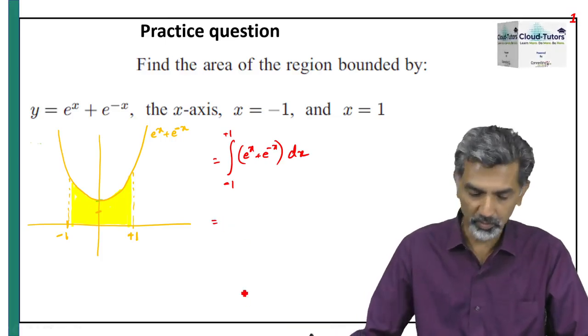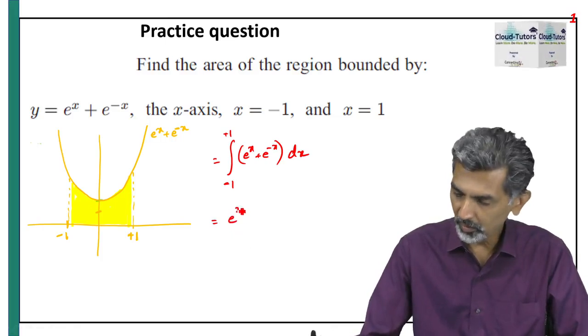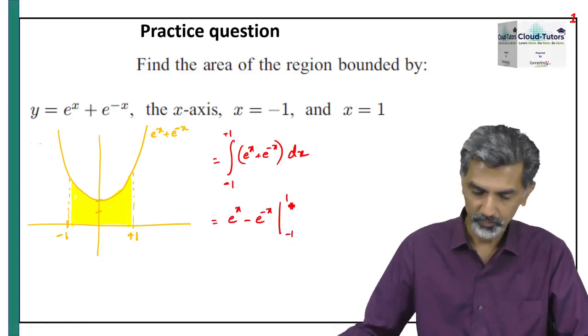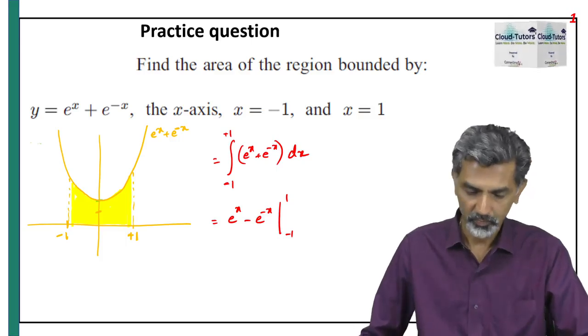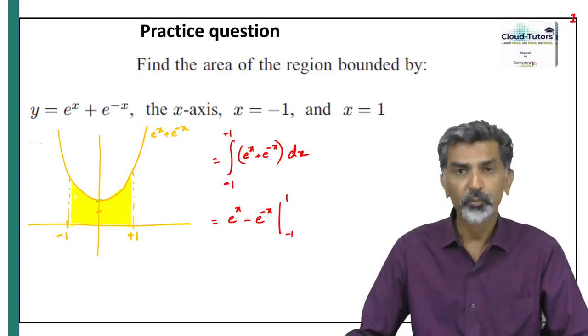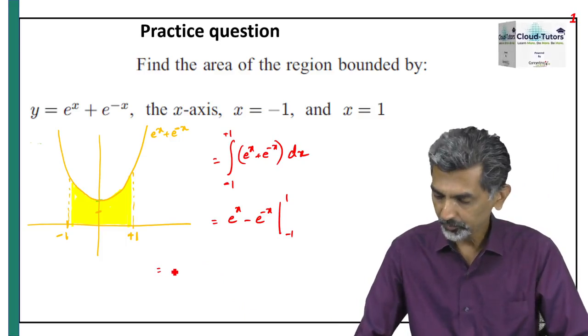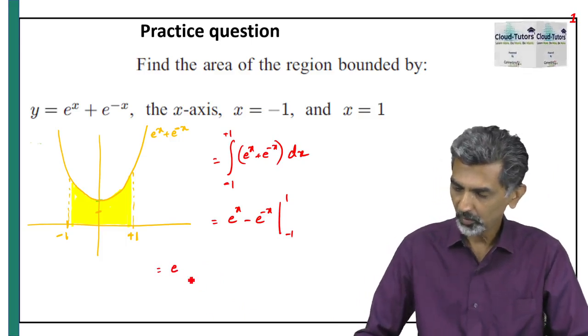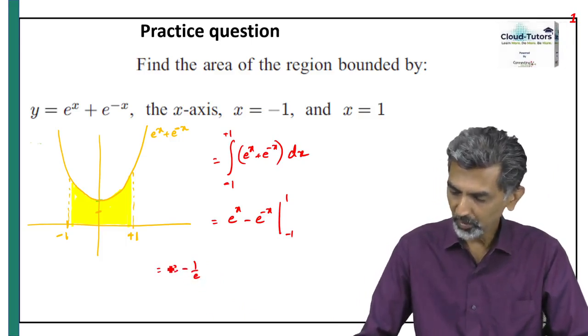And this integral, it's quite easy to integrate it. So when I substitute these values, it becomes e minus 1 by e.